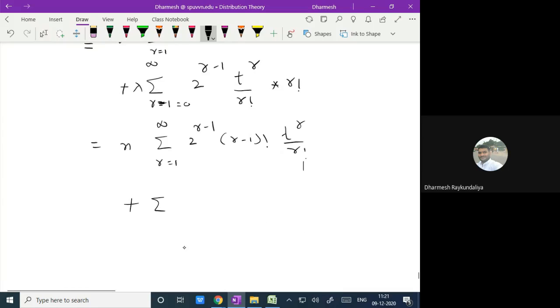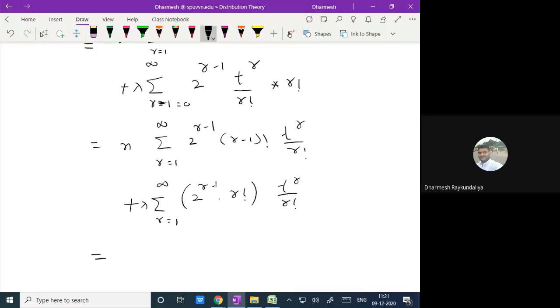This r minus 1 equal to 0 is nothing but r equal to 1 to infinity, 2 raised to r minus 1 into r factorial into t raised to r upon r factorial.